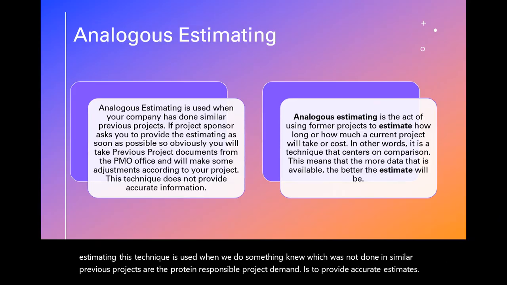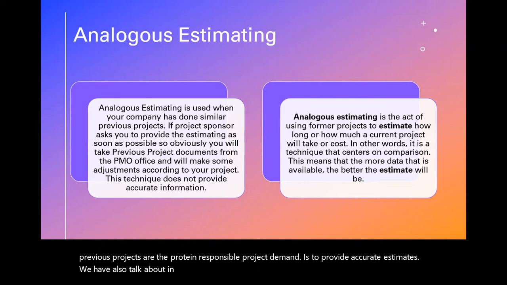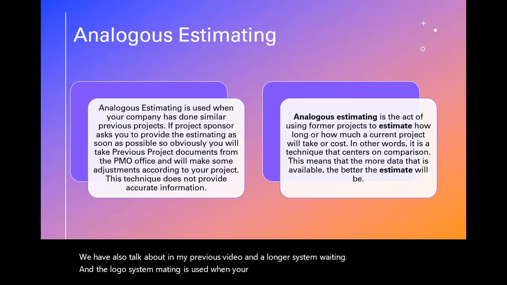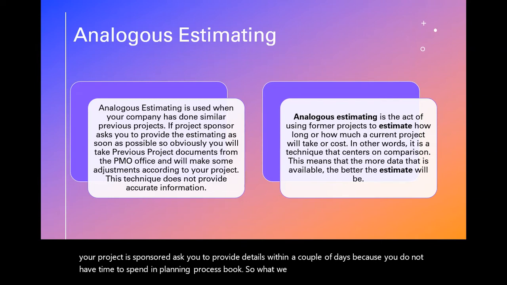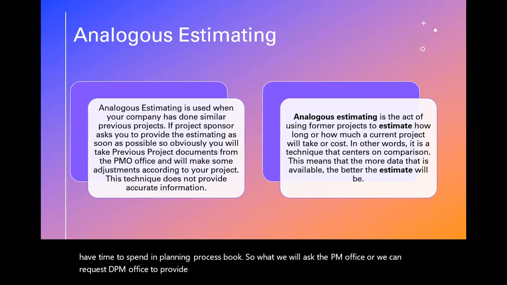We have also talked about analogous estimating in my previous video. Analogous estimating is used when your company has done similar previous projects and your project sponsor asks you to provide details within a couple of days because you do not have time to spend in the planning process group. So we request the PMO office to provide us the documentation of similar previous projects.